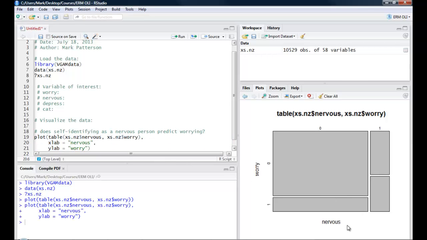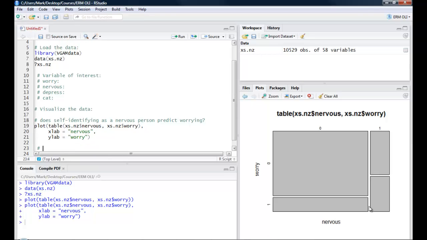So when I add those here, I see that people who are nervous, so those are the folks over here in these rectangles, are actually much more likely to be worriers, because this rectangle is much taller than this rectangle right here. So from this plot, I can conclude that, yes, in fact, the variable nervous does predict the variable worry.